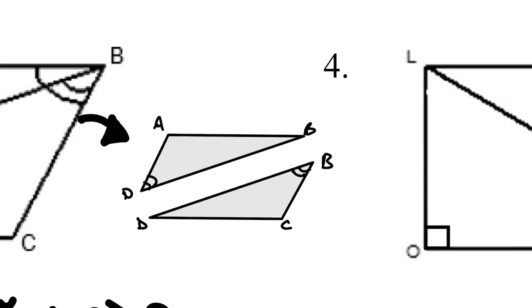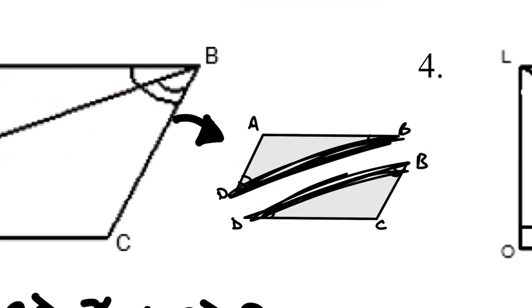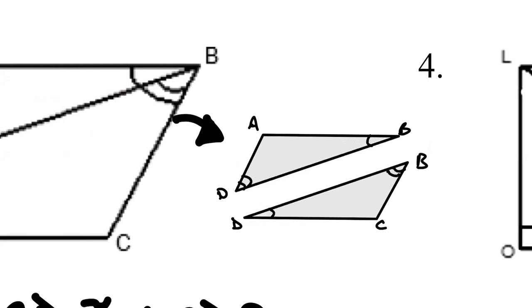So we have that reflexive side. Oh, and it looks like I missed a couple of arcs. So this one should have a single arc, and this one should have a single arc. The reflexive side tells me that this distance here is going to be the same as that one. So these two sides are congruent to one another. So I'll just put a little single tick mark there.